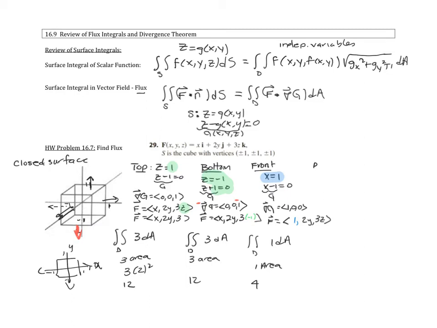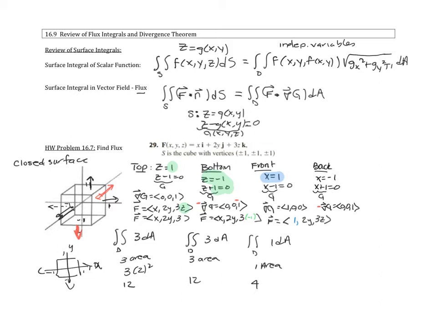The back is x equals -1. So that means x plus 1 equals 0. This is our g. Our gradient of g would be 1, 0, 0. But if I look at this back surface here, the one that is parallel to the yz plane, an outward unit normal there would be backward in the negative x direction.